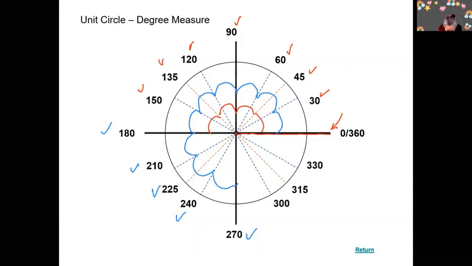Then again and again and again, and then it's 315, and then like 300 there, 330 there, and then it's gonna come back to where it started. So also, once you finish the one circular motion, it's the same position, but it used to be 0, but now it measures 360.